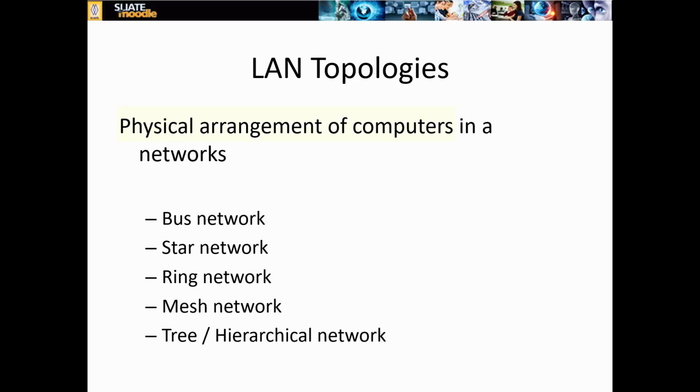But in this section, we talk about the physical arrangement of computers. This physical arrangement, we call topology. For example, bus network topology, star topology, ring topology, mesh topology, tree or hierarchical network topology, as well as hybrid network.